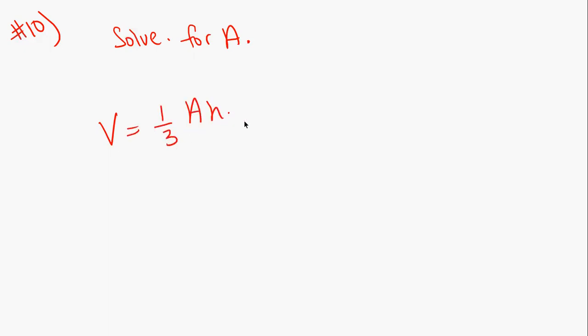Number 10. It says solve for A. So we have V equals 1/3 A H. The first thing I would do is get rid of this fraction. The way that you get rid of the 1/3 is by multiplying by the reciprocal.